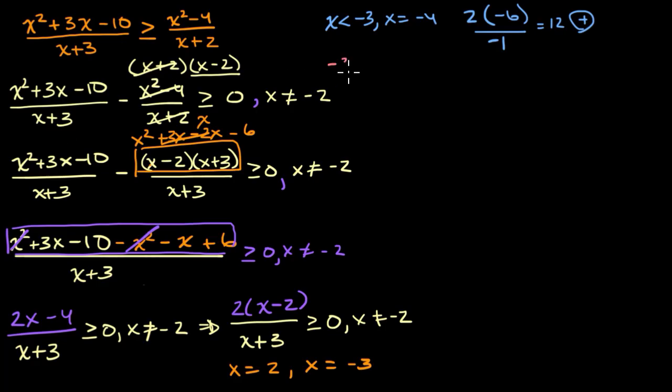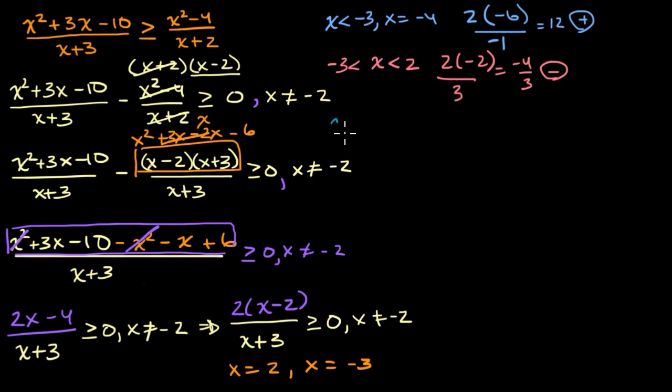So let's think about between negative 3 and positive 2. An easy number to try is 0. If we did that, we would have 2 times negative 2, 0 minus 2, over 0 plus 3. So this is going to be a negative. This is negative 4 over 3, which is negative. Really, all we care about is the sign. So that interval does not satisfy our conditions.